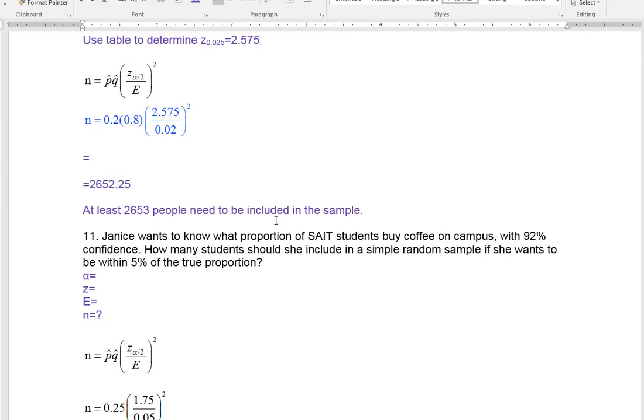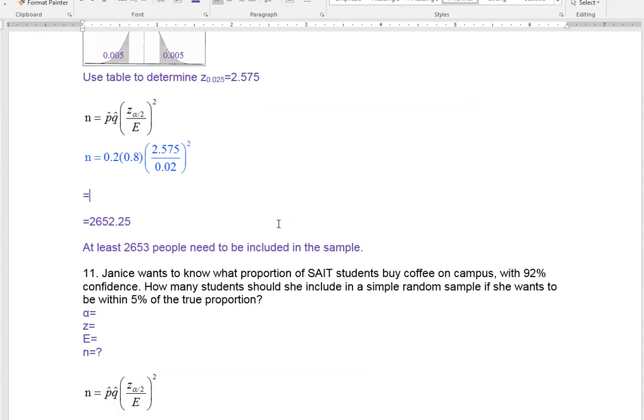One more example question here. Again, pause if you want to work on it yourself. Hopefully by this time you've got a good grip on this kind of question. So start out, 92% confidence. Actually, what kind of question? How many students? Tells us we're looking for n. Alpha, we know 92%. Alpha is going to be 0.08.